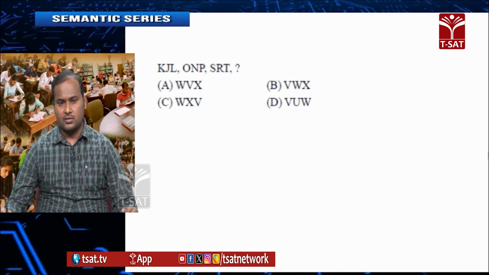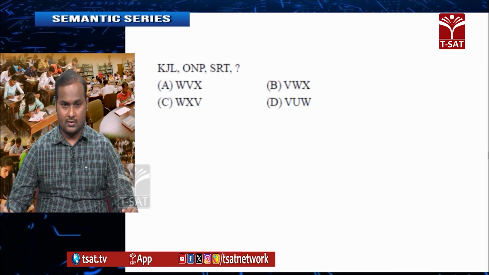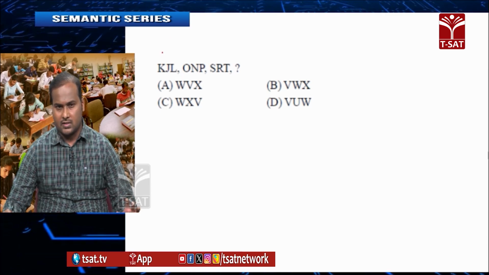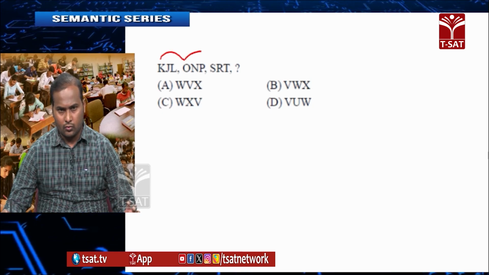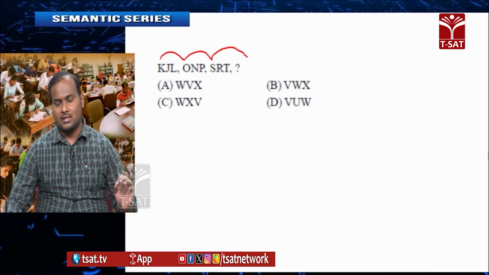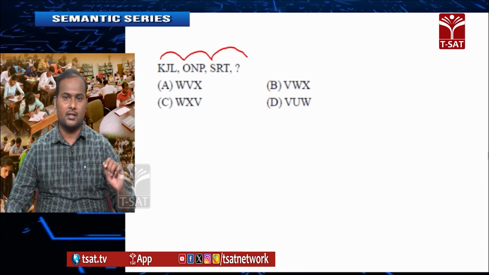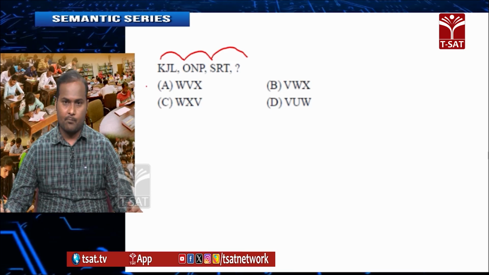For example, if you see this question, it involves more than one series. That is, if you see the first series, that is K to O, O to S, and S to the next one, I said that it is one series. How did I say it is a series very quickly? By observing the gap between the letters.